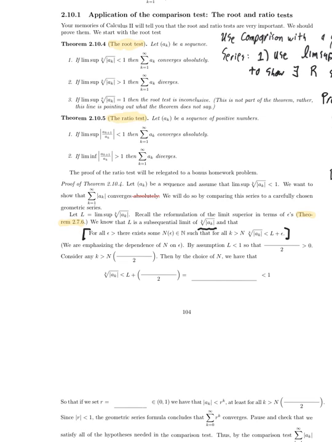For every epsilon bigger than 0, there exists some big N, which depends on epsilon. So I'm encoding the dependence by saying N of epsilon, so that whenever little k is bigger than that threshold value, big N, the kth root of a_k is less than L plus epsilon. Right, so the terms of the sequence can exceed the limit superior, but they can't exceed it by very much for very long, is what that says.